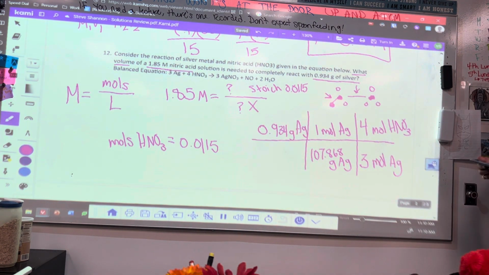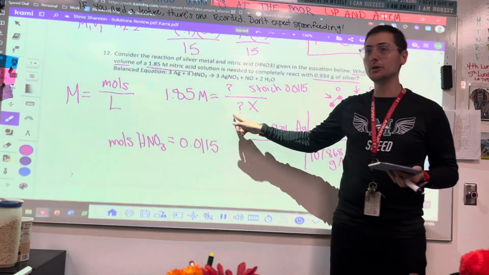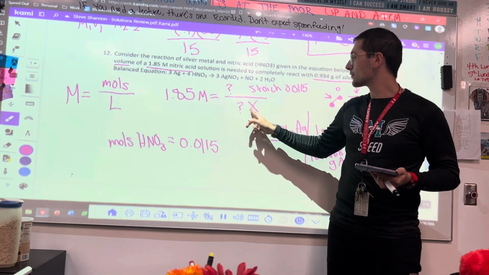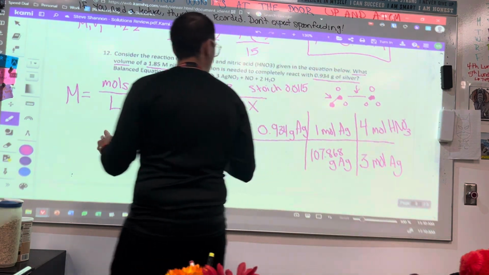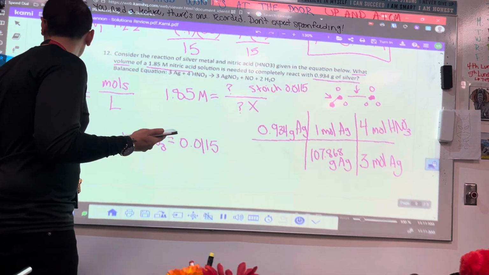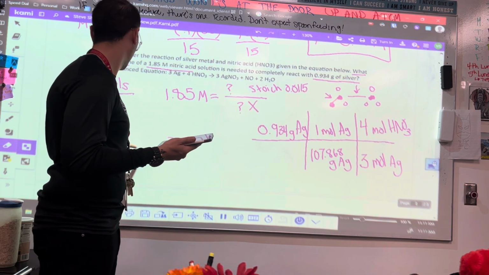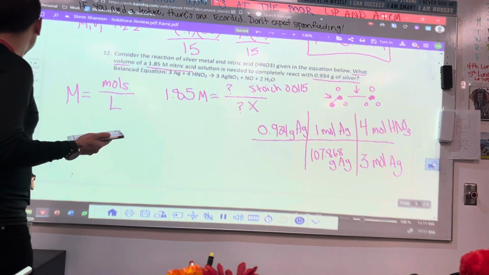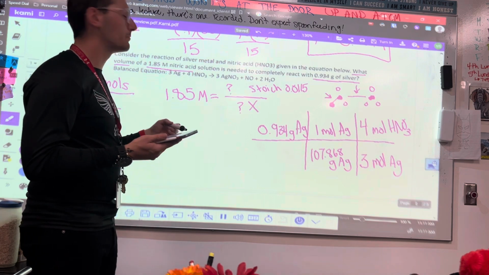And now that I have moles and a molarity, now I can use algebra to solve for liters. So I can erase this answer here so that I have space to do the algebra. Now, I need to get x by itself.